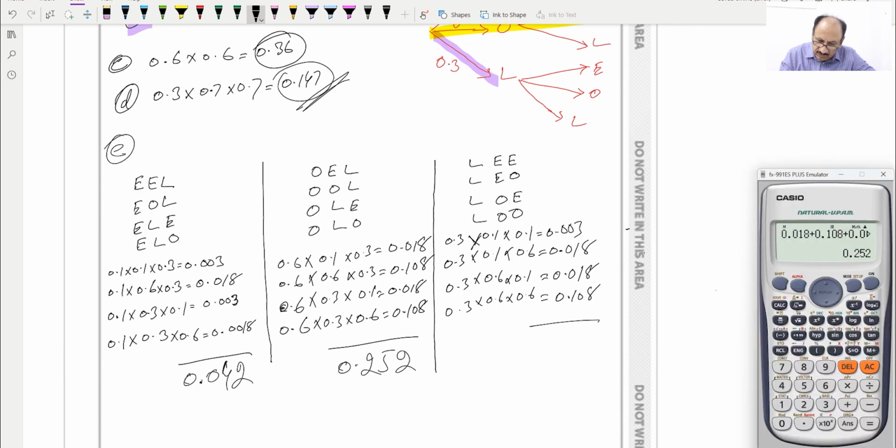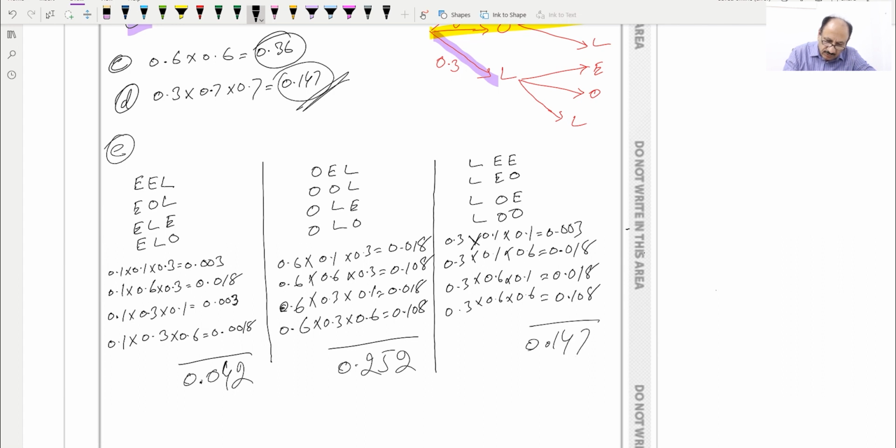And the last one we can add, this is 0.003, we missed the decimal here, and next is plus 0.018 plus 0.018 plus last will be 0.108, and this will be equal to 0.147.